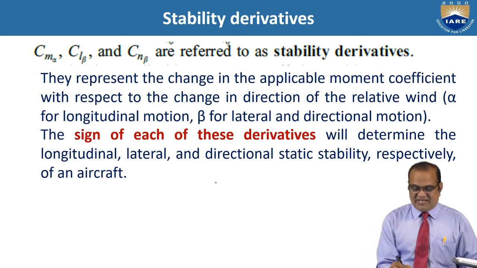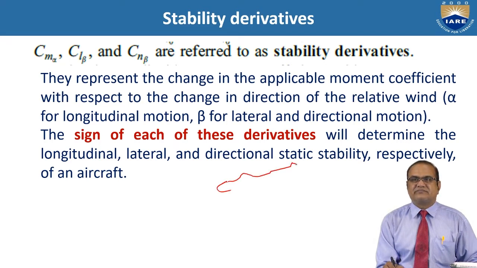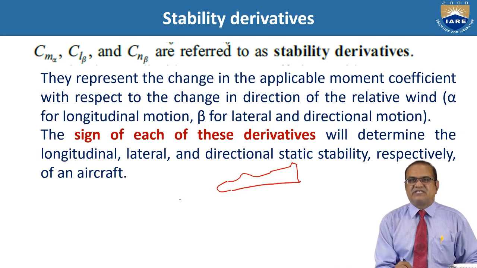I am just explaining here. If this is the aircraft, it is flying in this direction, but the wind is coming from this direction.